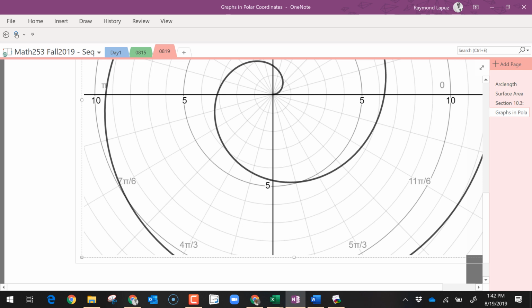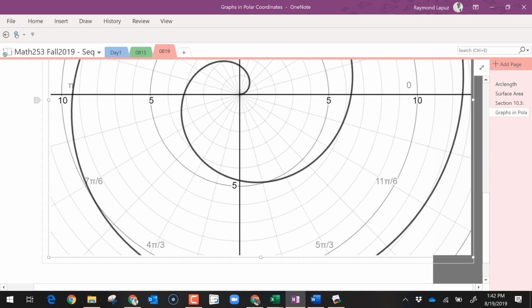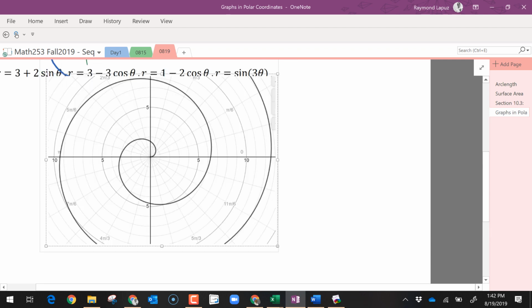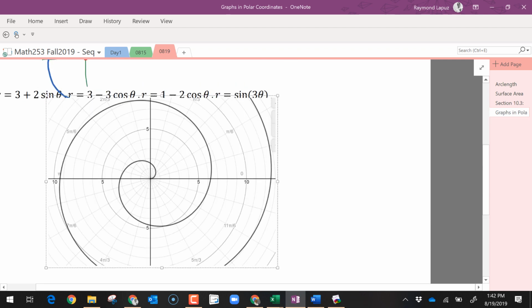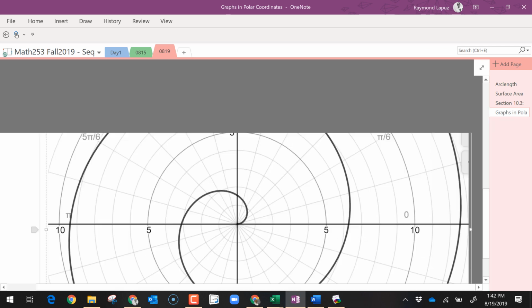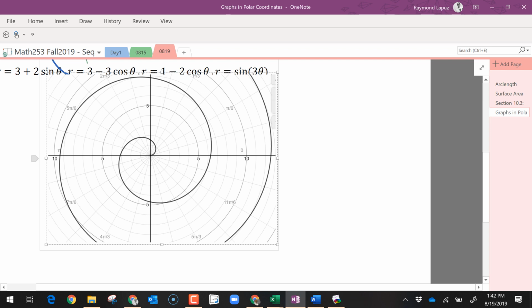What do you think happens when you have a negative theta? Well, remember the negative numbers go behind you, right?